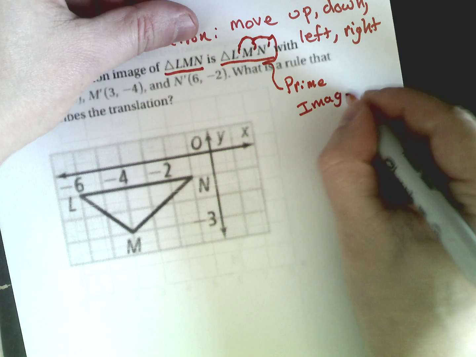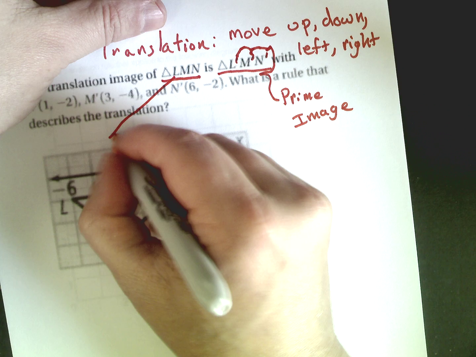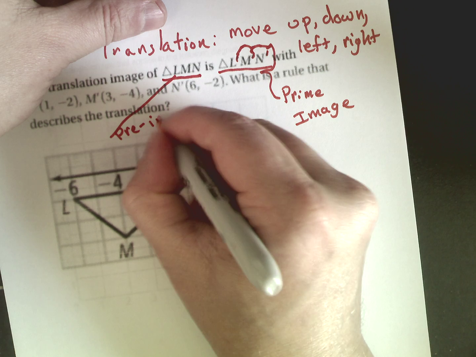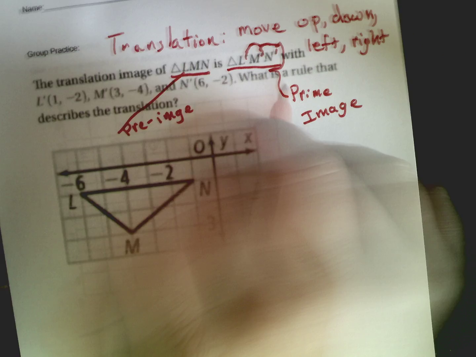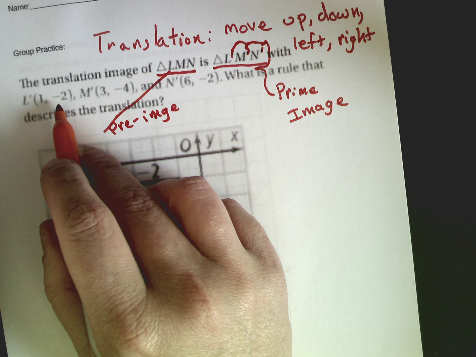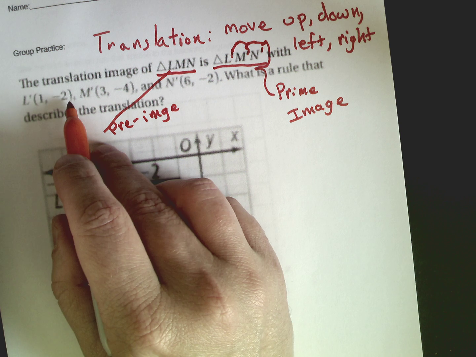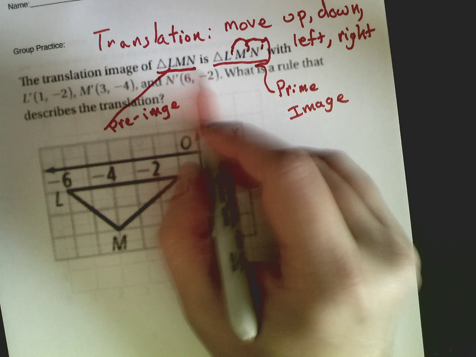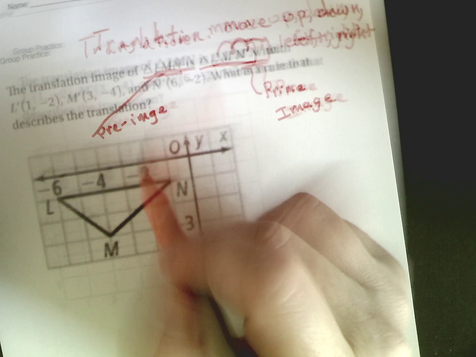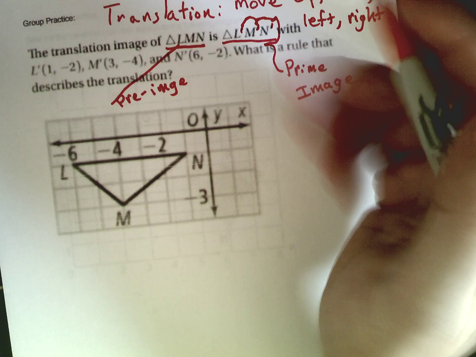This was the pre-image. So they're saying it goes from this to this, with L prime being 1, -2, M prime being 3, -4, and N prime being 6, -2. What is a rule that describes this translation?